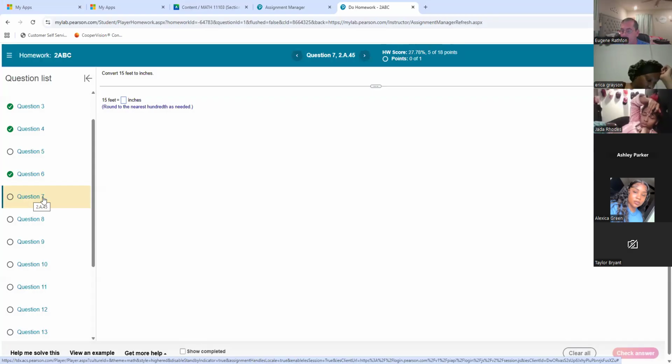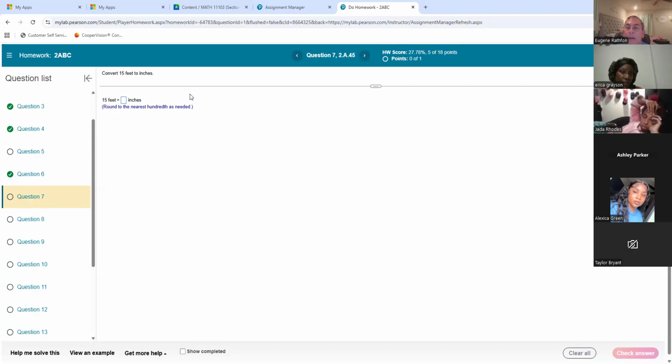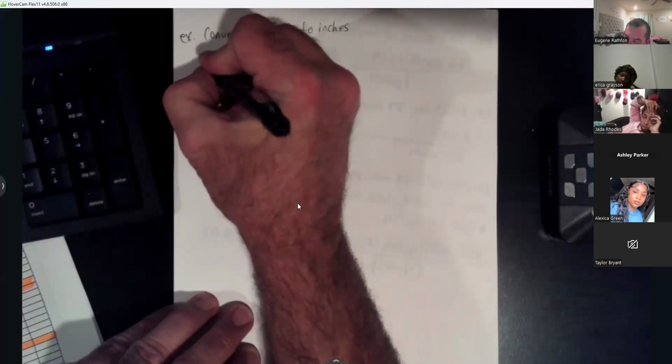All righty. Let's convert 15 feet to inches. All righty. So we're converting 15 feet, so I'm going to start with 15 feet.